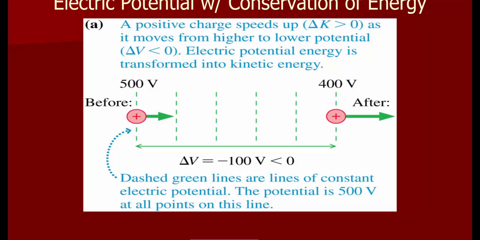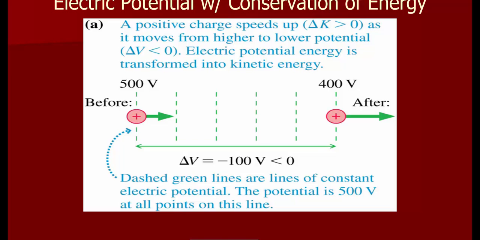If it's decreasing in voltage, we have a negative QV. So what's a negative times a negative? Positive. And this is a positive charge, right? So if we take 100 times whatever this charge is, that gives us a positive change in kinetic energy, and here we can see the little arrow representing the velocity going up.